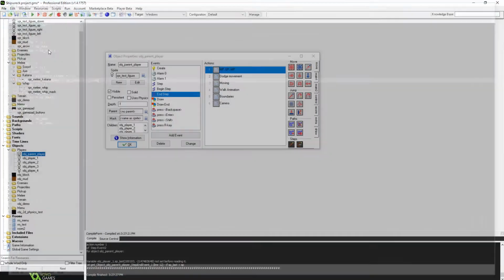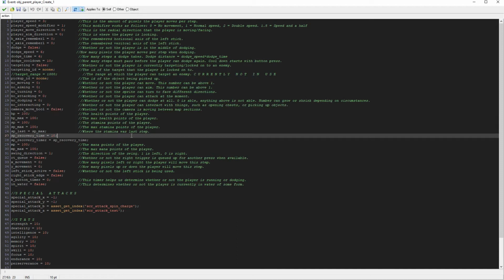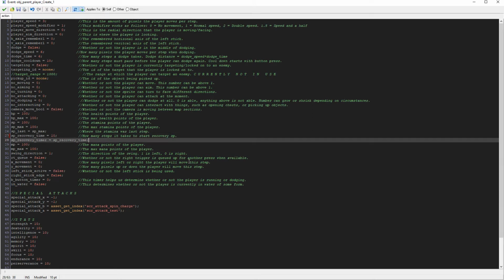There we go. Okay. How many steps it takes to start recovering SP. The timer showing us when the player will recover SP. Okay.